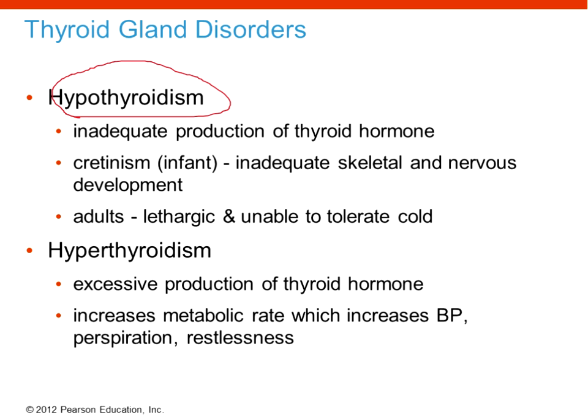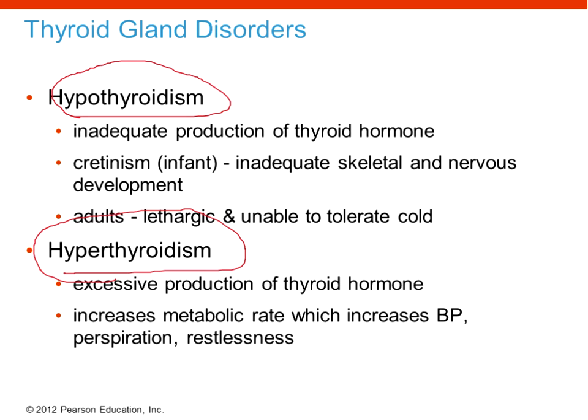Well, you might feel cool all the time, not really able to warm up. You may not be very energetic. You might feel tired a lot. And that is what happens to someone who does not have enough thyroid hormone in their system. They're going to feel like that. Again, in children, it's a much more severe effect. You can see a significant impact on skeletal and nervous development. So really important from that standpoint.